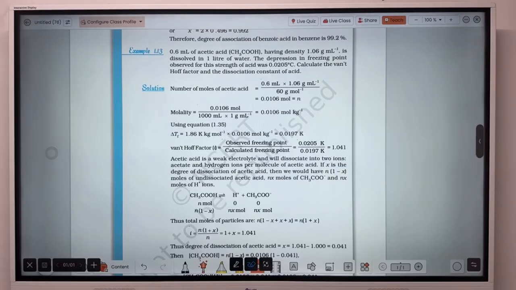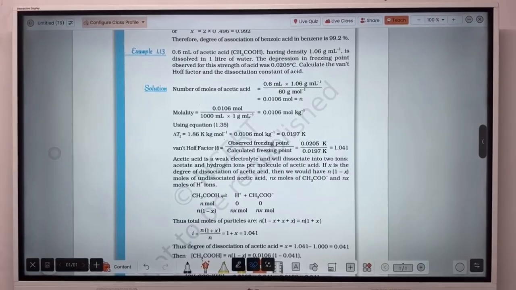So the mass of 1 liter of water will be 1 kg. The depression in freezing point has been observed, and you will have to find out the van't Hoff factor and the dissociation constant of the acid.